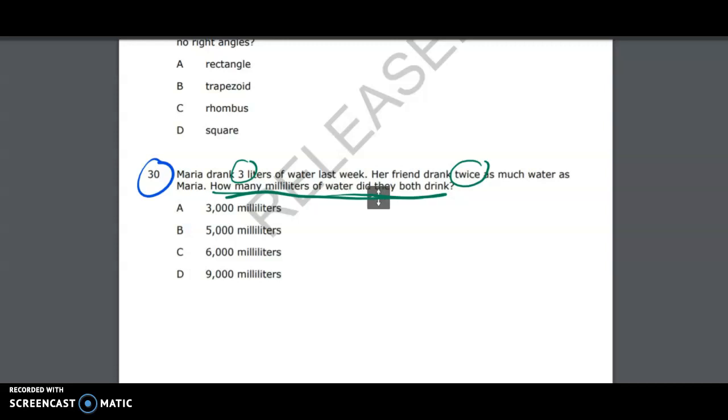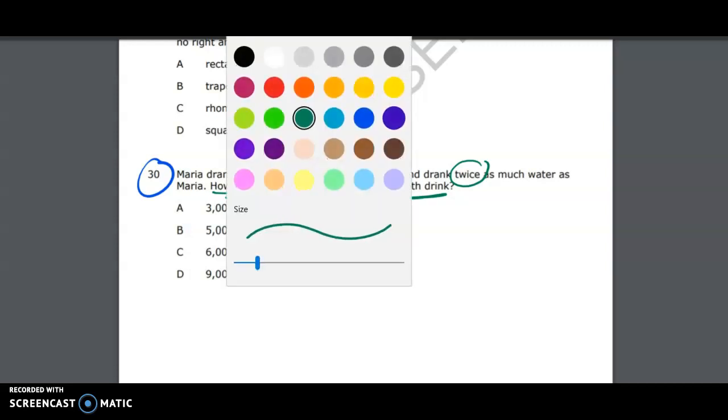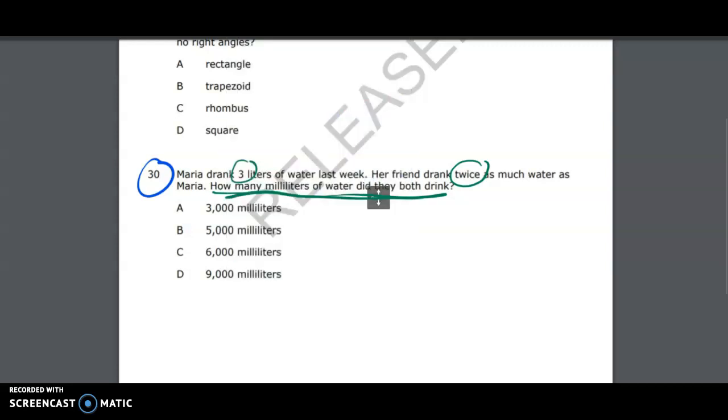What are some of our key terms or phrases that we need to pay attention to? Twice as much. Both. Those are key terms. When you hear twice as much, that means multiplying by 2, or you can do repeated addition.